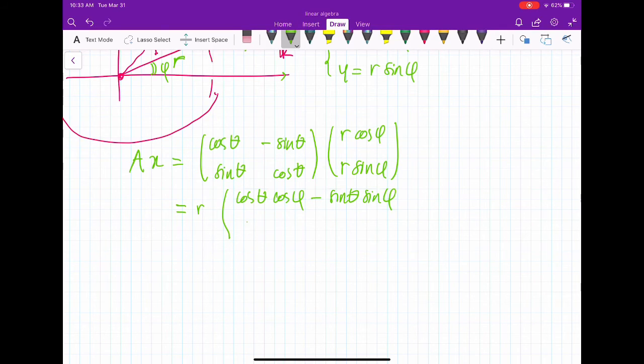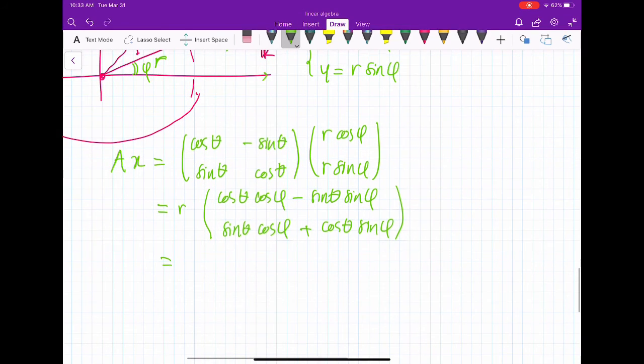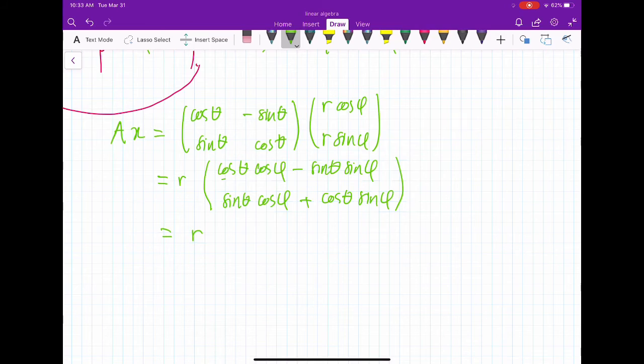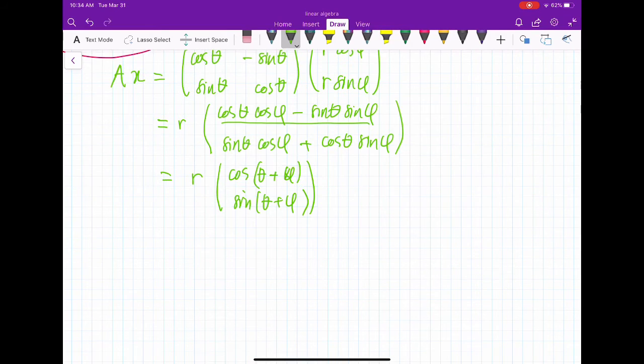The second coordinate is sine theta cosine phi plus cosine theta sine phi. So what's that? In the first coordinate, cosine times cosine minus sine times sine is the cosine of a sum, so I have cosine of theta plus phi. You have sine cosine plus cosine sine, which is nothing but sine of theta plus phi.